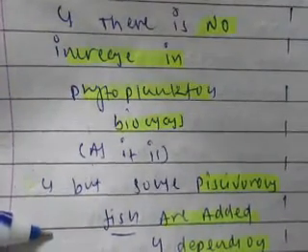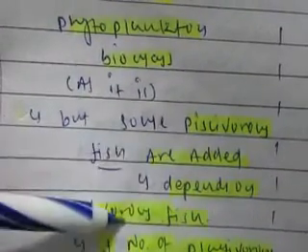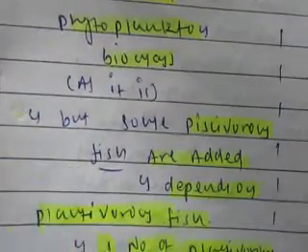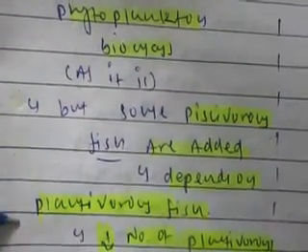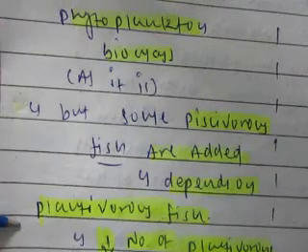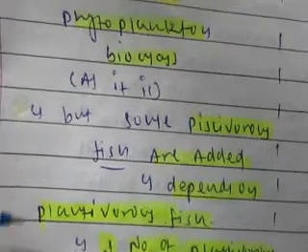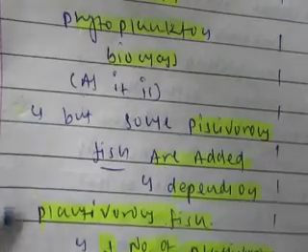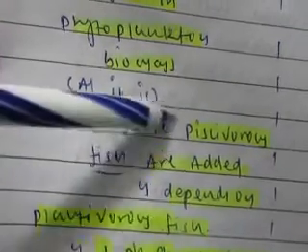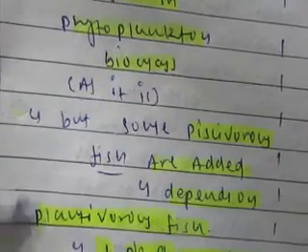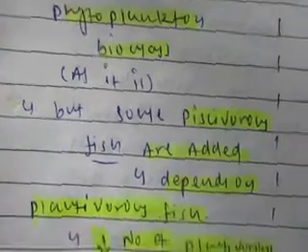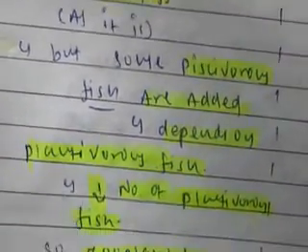But some piscivorous fishes are added, and they depend on planktivorous fish, means they depend on a top level predator, that in the second leg is planktivorous fish. So if piscivorous fish are added, automatically the planktivorous fish population decreases.